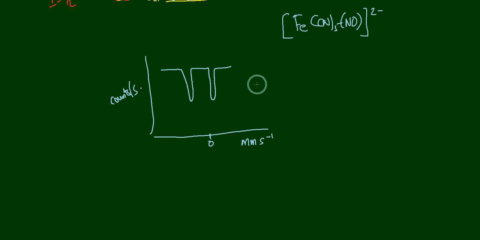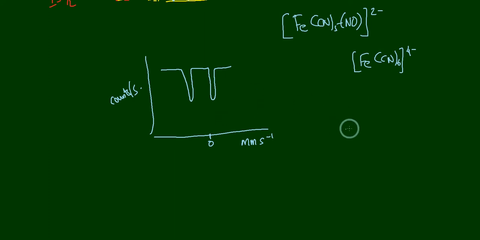So now you understood why the Mossbauer spectrum is like this. But if you are checking the Mossbauer spectrum of Fe(CN)6 4-, which we already considered, there you can see that the ligand field is highly symmetric. So there will be no net electric field gradient, and this type of effect will not be there.